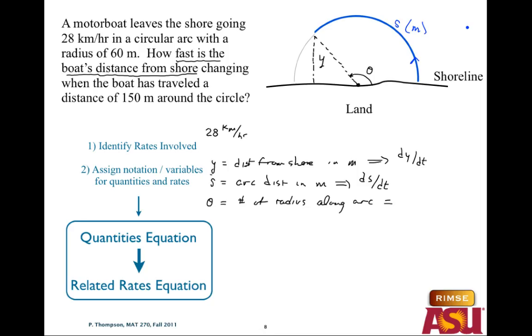If you've gone s meters, how many radius lengths have you gone? You would take the total number of meters and divide by how many meters each radius was. And how many meters is each radius? 60. So if you took s and broke it up into pieces of length 60, you'd get how many radius lengths you have. And that's what the angle theta is, s over 60.